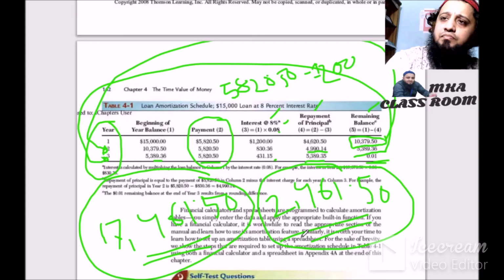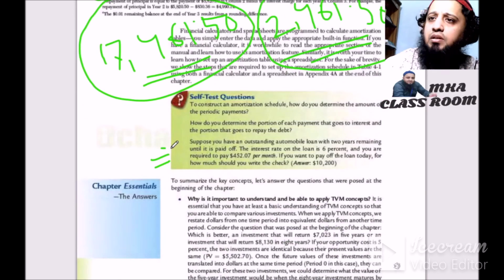So here is another problem. Suppose you have an outstanding automobile loan with 2 years remaining until it is paid off.